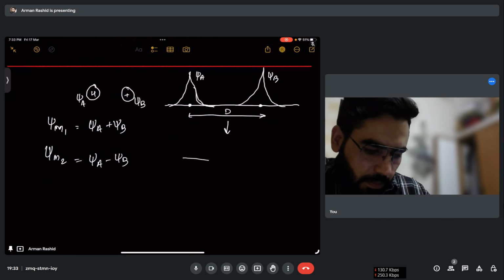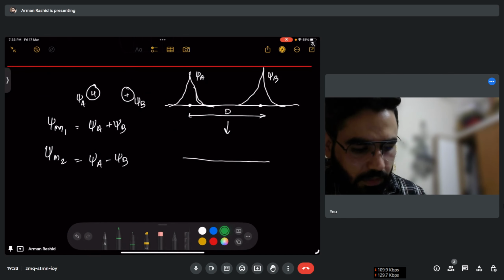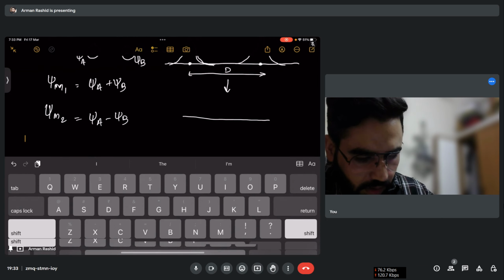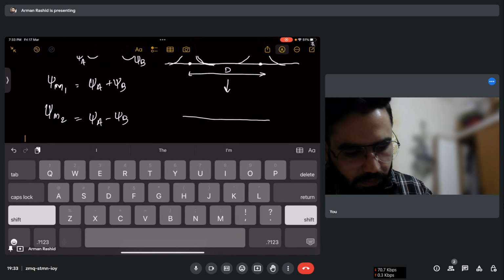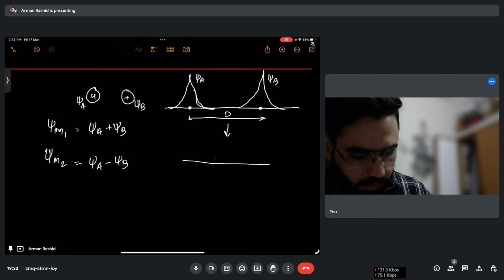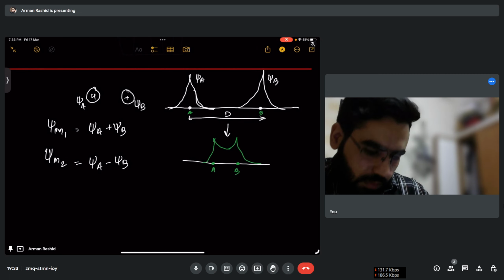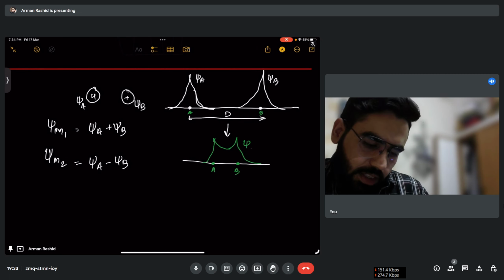One state, I'll make in green, in which you have A here and B here. This is A, this is B. This orbital is psi m1.